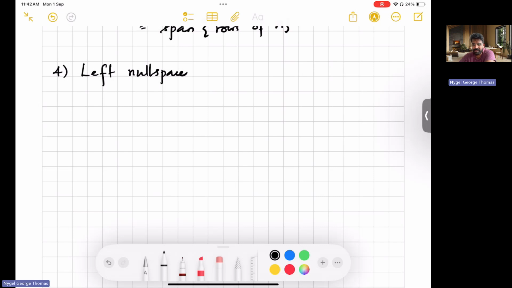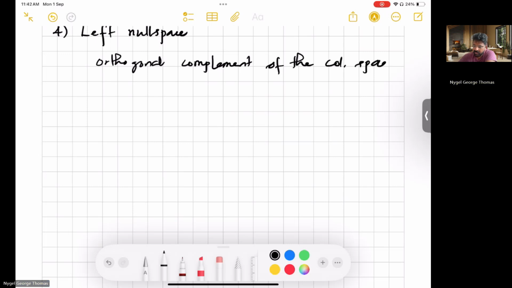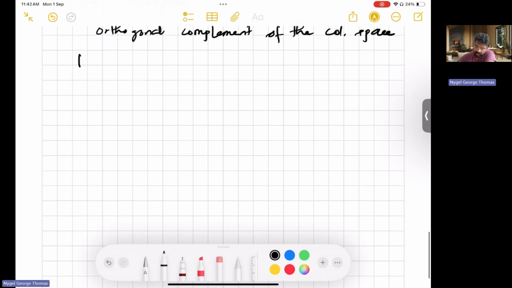It is the orthogonal complement of the column space, denoted as R(A) orthogonal complement, or the null space of A transpose.